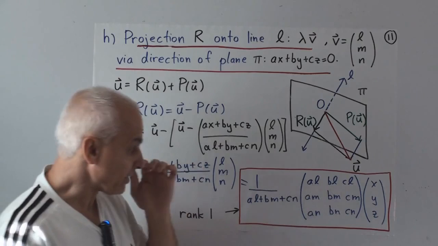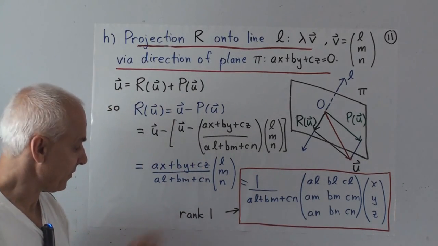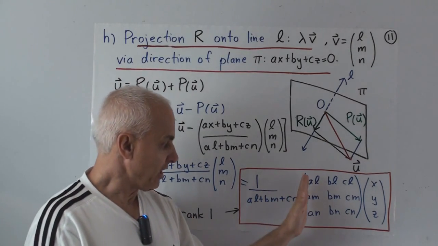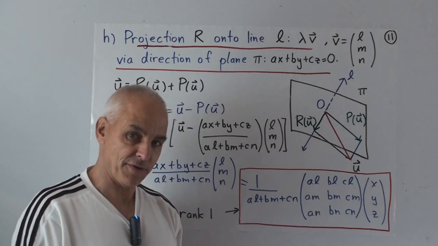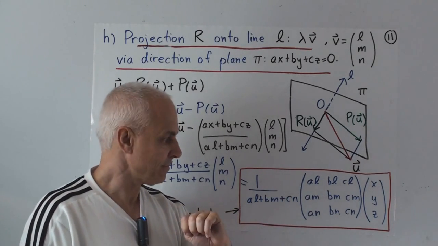This is a very attractive matrix, and it has some features. First of all, it's a rank 1 matrix, which means that all its rows are multiples of each other, and all its columns are multiples of each other.